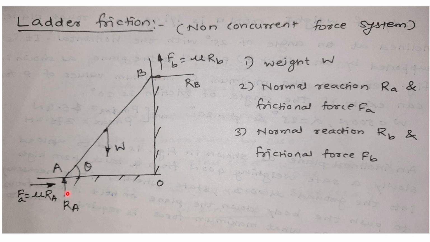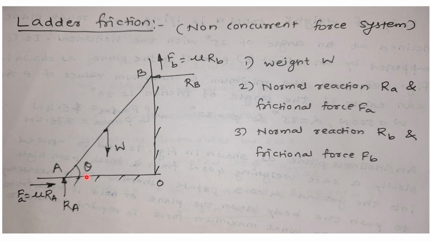Fa and Ra, Fb and Rb all act in different planes as well. This one is acting in the vertical plane of the wall, and this one is acting in the horizontal plane of the ground. The inclination we are considering as theta.